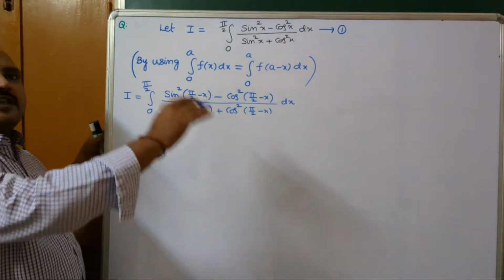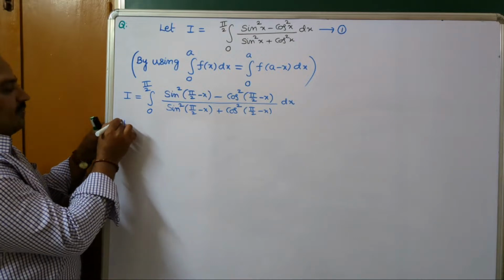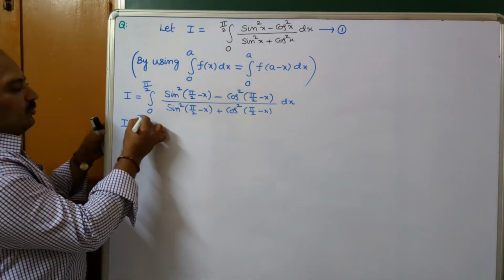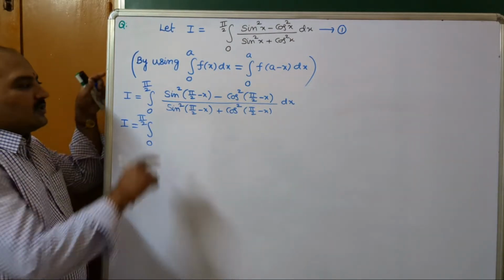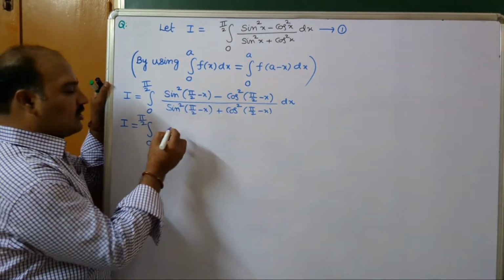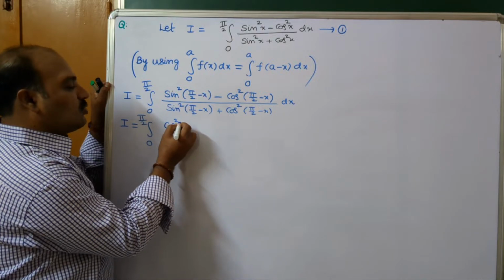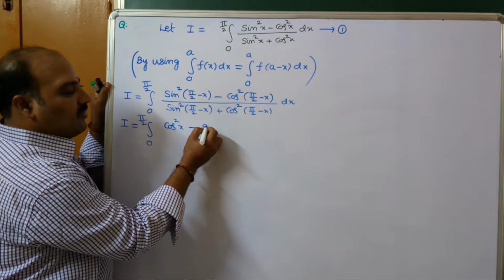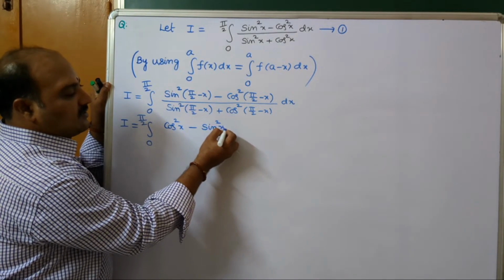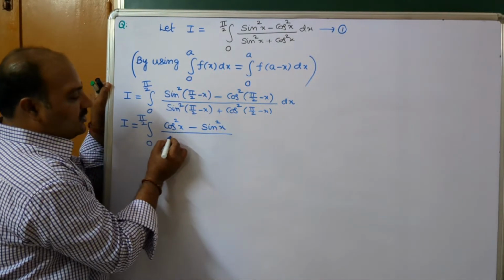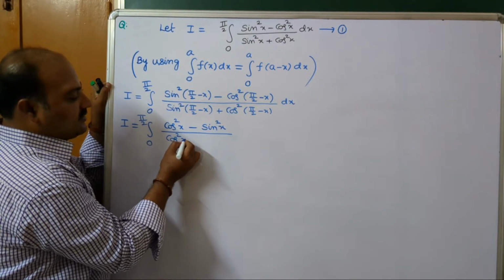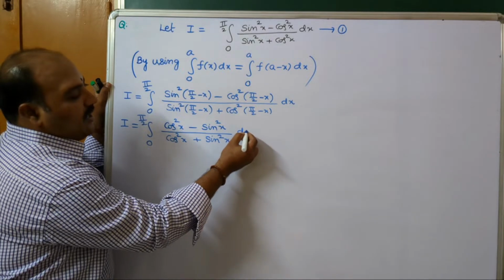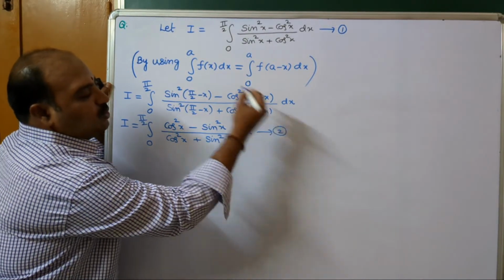Wherever x is there, you have to write pi by 2 minus x. So sin of pi by 2 minus theta is cos, so it becomes cos square x, and cos of pi by 2 minus theta is sin, so sin square x. That gives cos square x minus sin square x divided by cos square x plus sin square x into dx. Call that equation number 2.